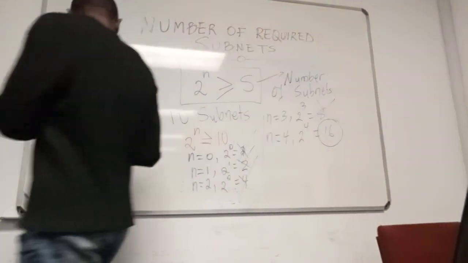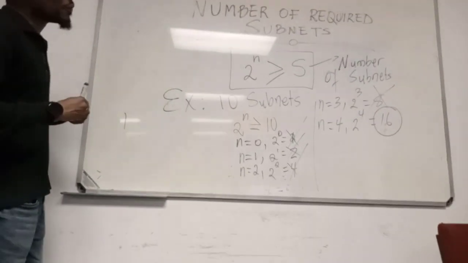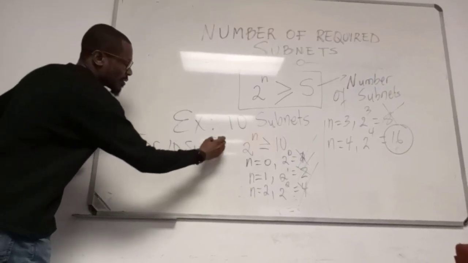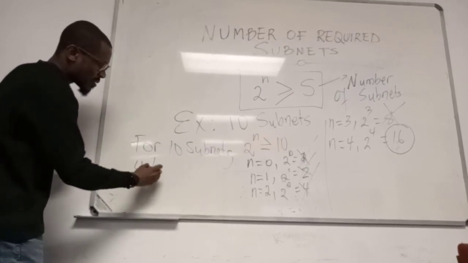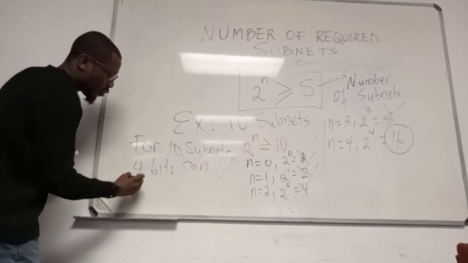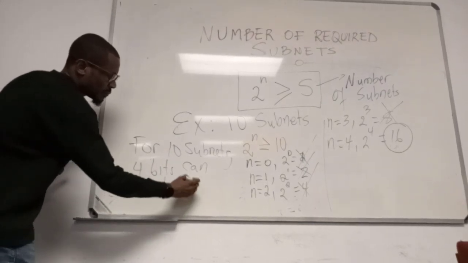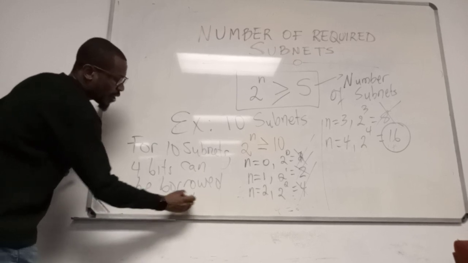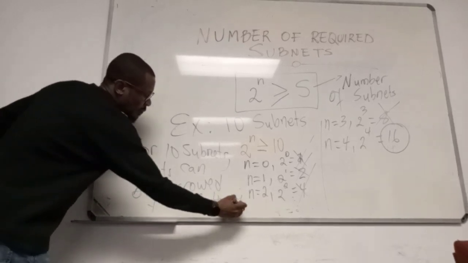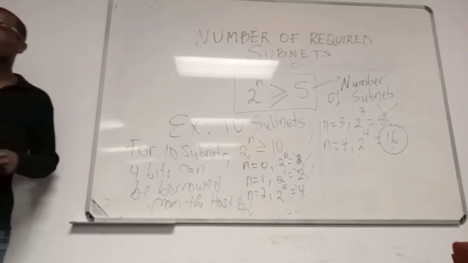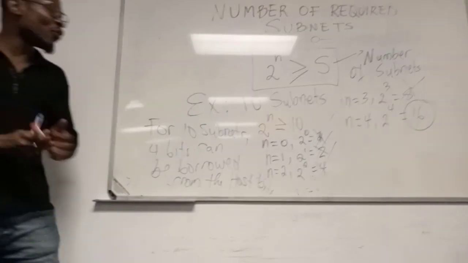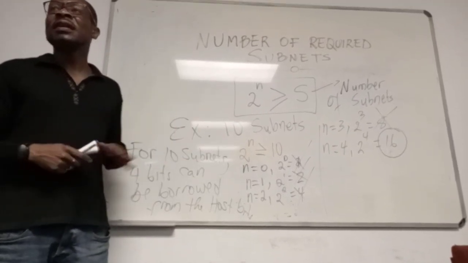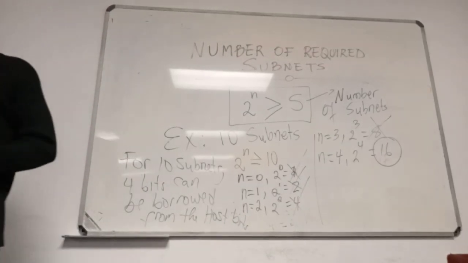So you're going to say for 10 subnets, 4 bits can be borrowed from the host bits. Done. Sometimes you cannot even go through all the checks. You can just say, at my end it's going to be this. This is the formula that you have to use, right?